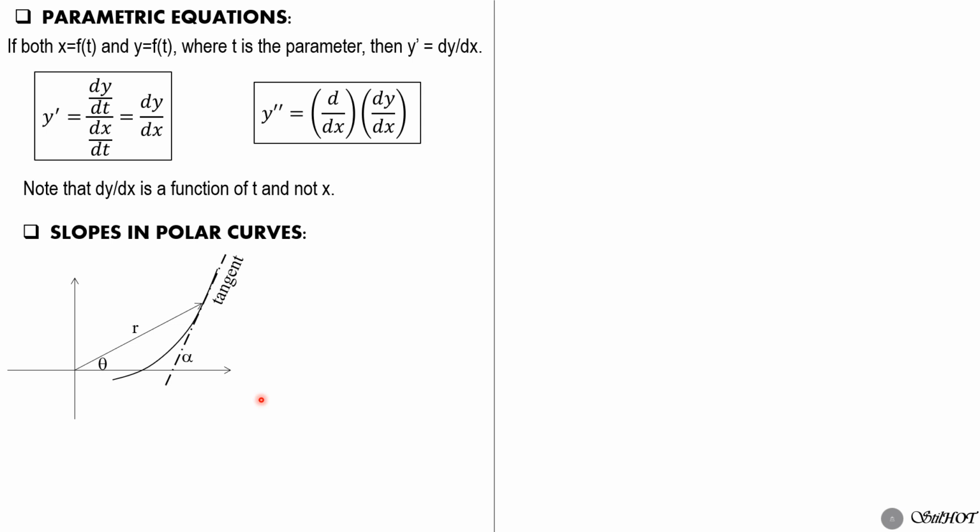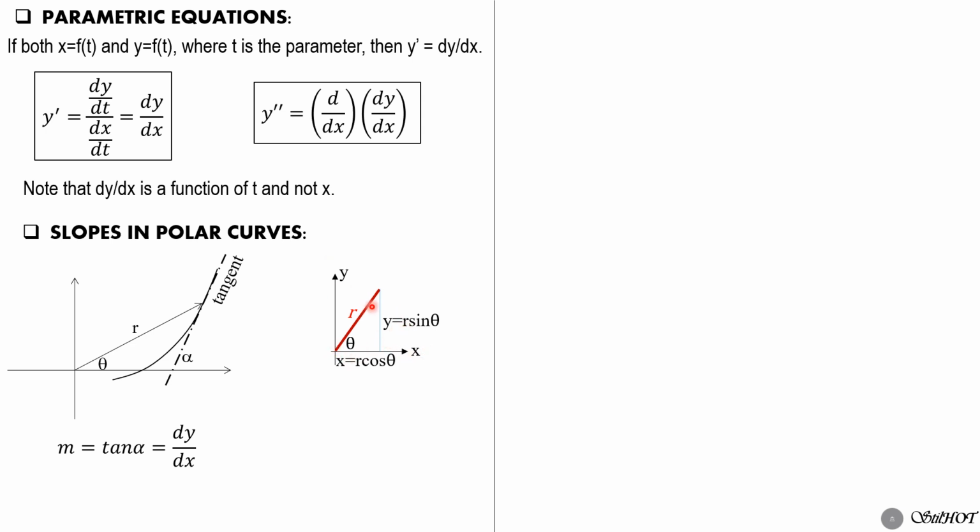So in polar form, we have the relationship x = r cosine theta and y = r sine theta. So in this figure, we have to superimpose the Cartesian coordinates, where the polar axis coincides with the positive x-axis, and that's still the y-axis.